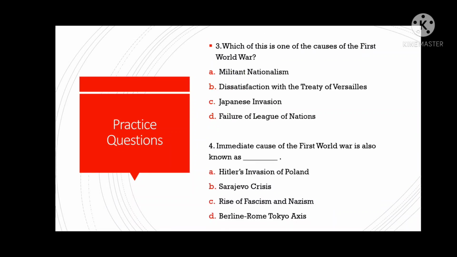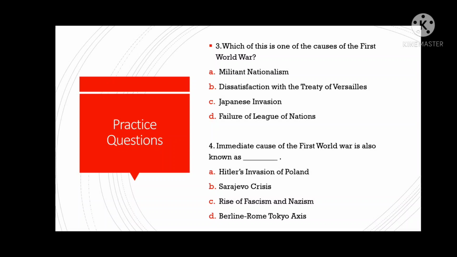Which of these is one of the causes of the First World War? Already I told you many times, only three causes we have to remember. And the answer is very simple. Guess which is the answer? Yes, you all are right. Militant nationalism. Once again, let me repeat. We have to remember only three causes.